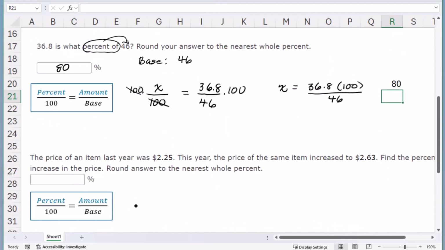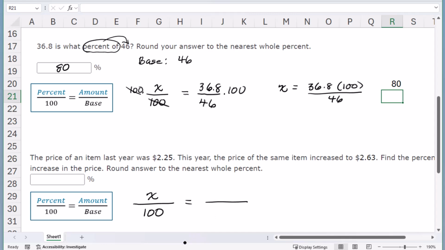Price of an item last year was $2.25. This year the price increased to $2.63. Find the percent increase in the price. Okay, so we set up our two equal fractions. We're looking for the percent increase, so I'll put my X in the percent spot, which means I need the other values filled in.